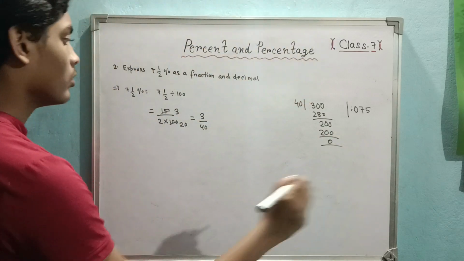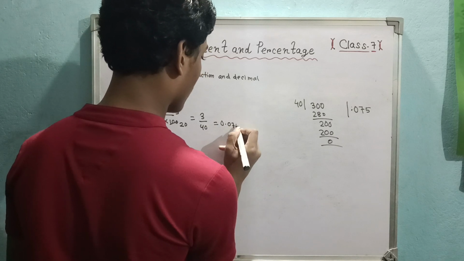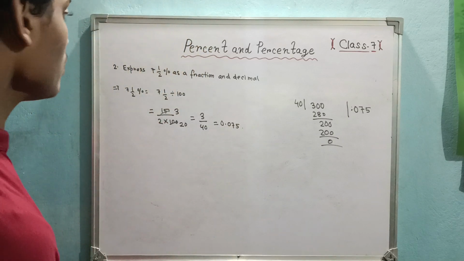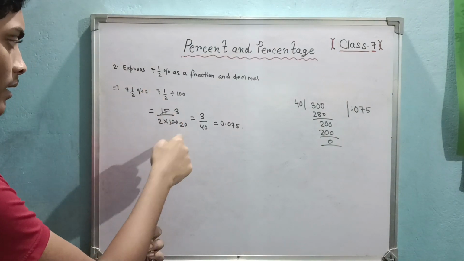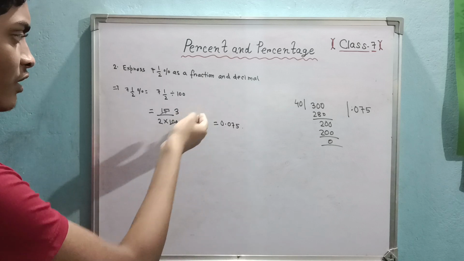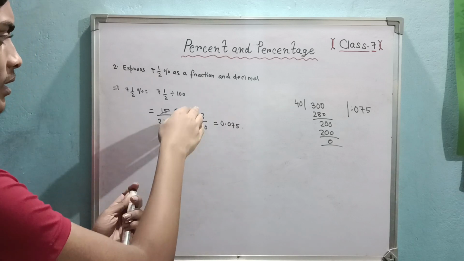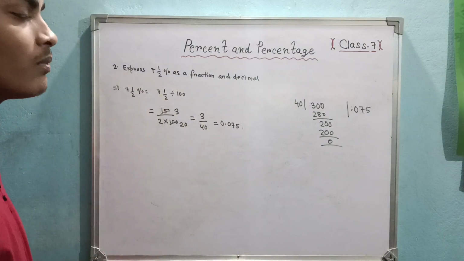Remainder is 0. This is equal to 0.075. So x% means x by 100, 15/2 by 100, which as a fraction is 3/40. Now converting this into decimal, this is 0.075. That is the answer of the second question.